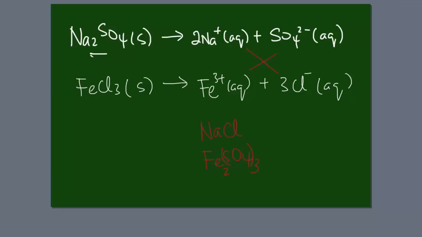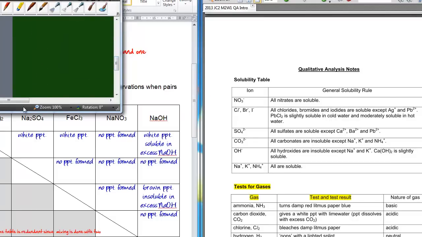Over here, it says all chlorides are soluble except for Ag+ and Pb2+. So over here I will have no PPT. And for sulfates, all sulfates are soluble except for those exceptions, so I get no PPT either. So for both salts, I don't get a PPT.